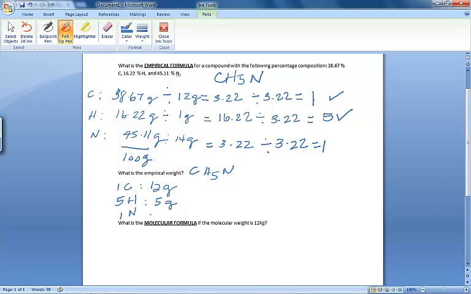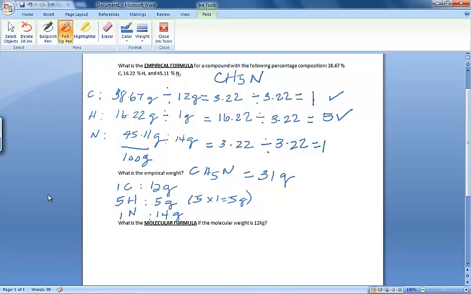And 1 nitrogen is 14 grams. I'm just using the atomic masses here. Each carbon is 12 grams on the periodic table. Each hydrogen is 1 gram. I have 5 of them, so 5 times 1 is how I got this 5 grams, if you're wondering. And 1 nitrogen is 14 grams. So if I add up 12 plus 5 plus 14, I end up with a total empirical weight of 31 grams.